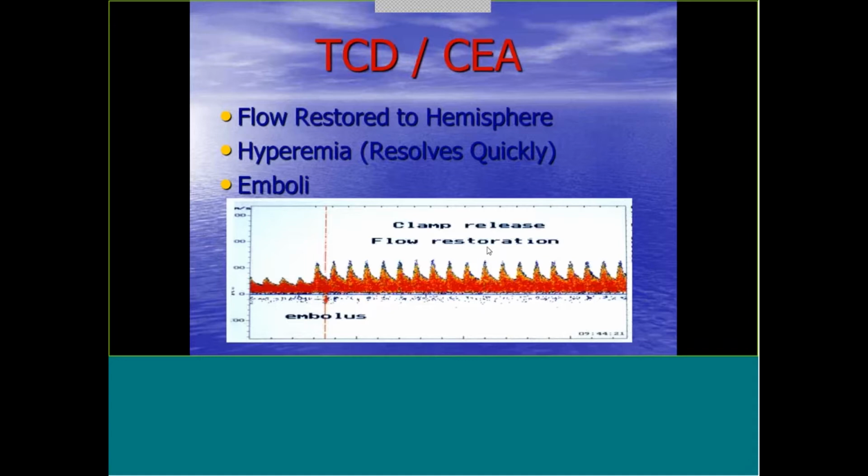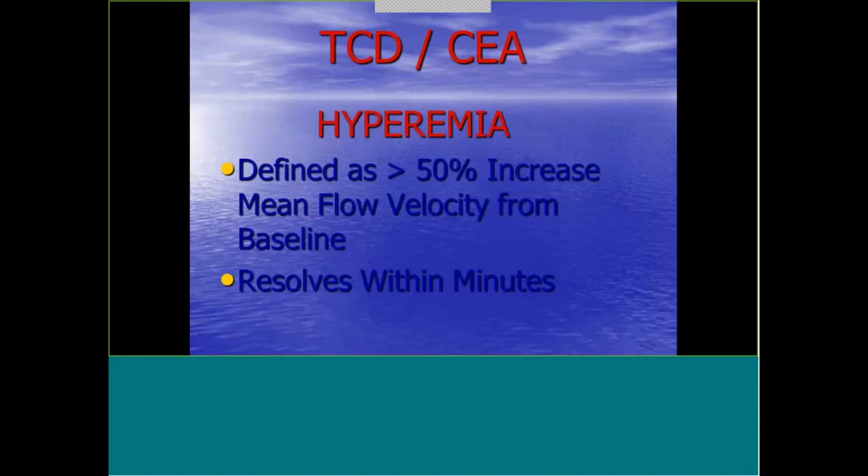Now, hyperemia is a complication of endarterectomy. So when they restore flow, you don't get that decrease in flow velocity, but you have an increase in flow velocity of greater than 50% from the baseline. And I'm not talking about the baseline in the holding area. I'm talking about your baseline now in the OR.